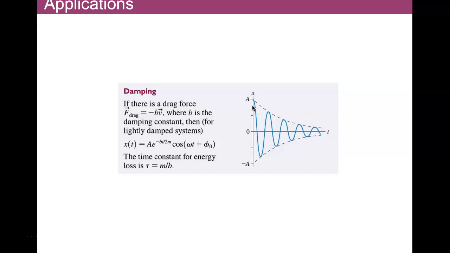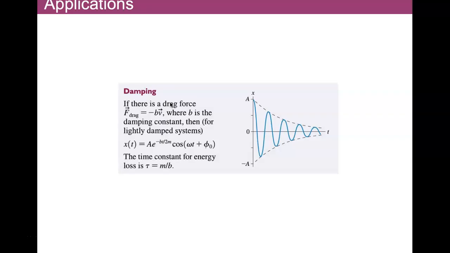When you have damping characterized by a linear drag force, it multiplies your solution by an exponentially decaying factor, and it also reduces omega in a particular way. Okay, that's the end of chapter 15.